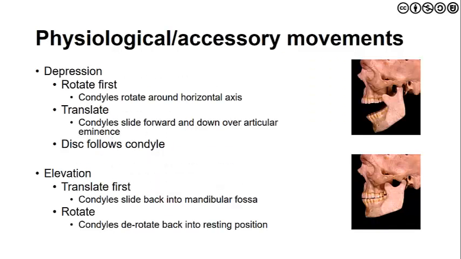With depression, it has to rotate, right? And then it translates, it slides forward over that articular eminence. The disc follows the condyle, really because of that lateral pterygoid function or action, okay? When you elevate, the translation has to occur first. The condyle has to slide back into that mandibular fossa, and then it's going to rotate back into the resting position.